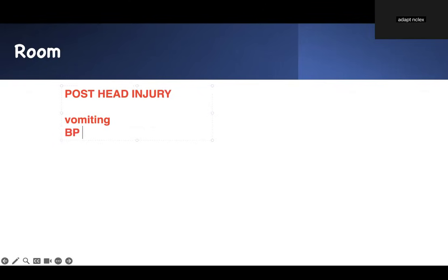His blood pressure is 180 over 100, and his heart rate is 45. What is that patient telling you in that room? Remember, he had a stroke due to hemorrhage, head injury. Now he's vomiting, the blood pressure is 180 over 100 and a heart rate of 45. This is what we call what? Cushing triad.